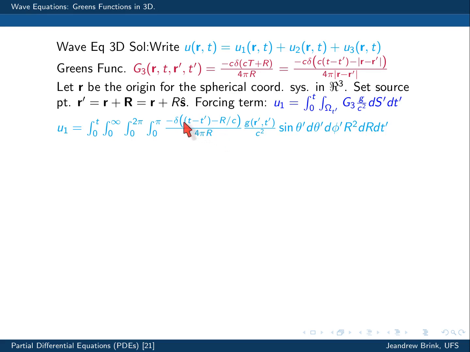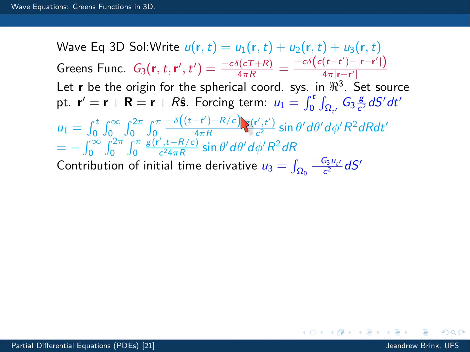Simply what the delta function then does is say we have to evaluate the spatial integral at t prime equals t minus c r over c. So we can now rewrite this integral, simplify it by dropping the one integration, evaluating the integration over dt prime and losing the delta function.